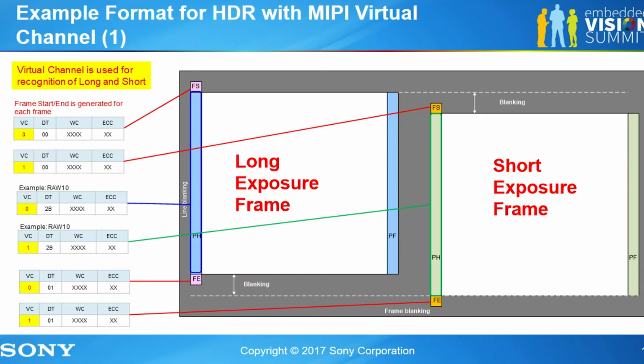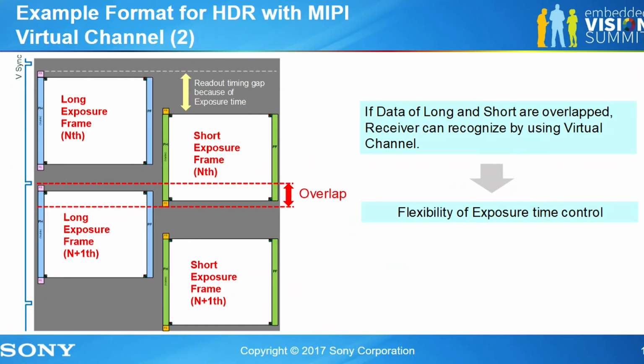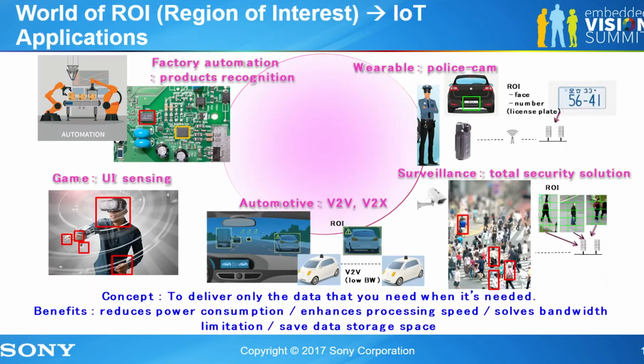These features are also enabled by this frame format, combining long and short exposure frames. In this case, again, MIPI provides virtual channel features to differentiate those frames. They even allow the frames to overlap, so we get flexibility in manipulating each exposure time and get a higher dynamic range picture.